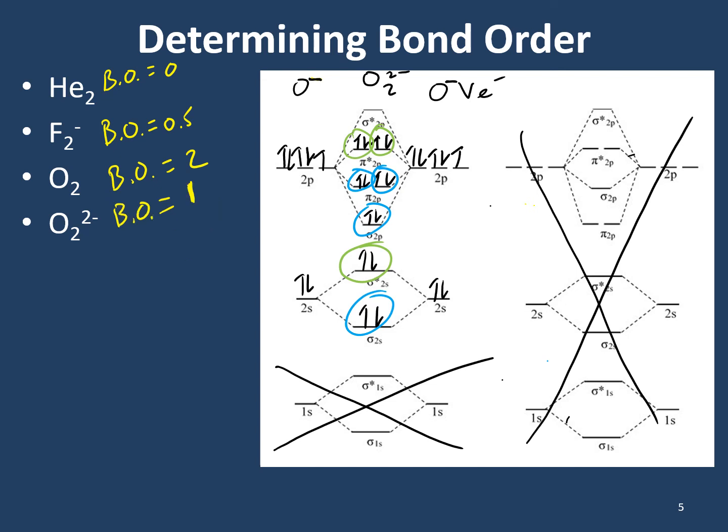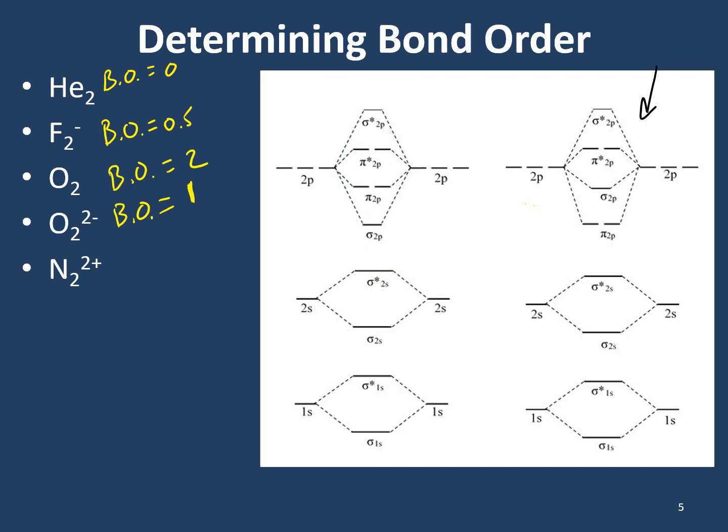Okay, so let's do one more example. N2 2+. Now, this molecule is going to be using this diagram over here. And so we need to put nitrogen on both sides up top. So N and N and N2, but it's N2 2+, so I'm going to put a +1 on both nitrogens.